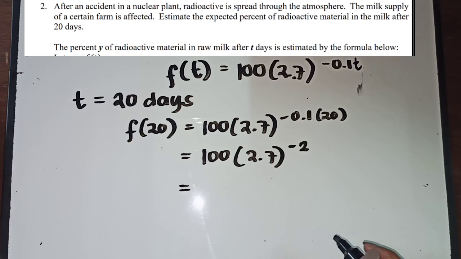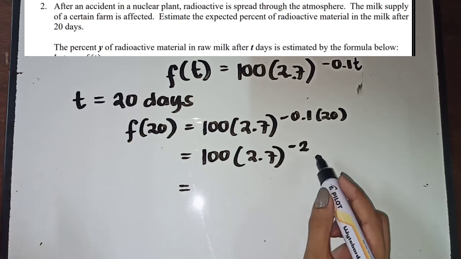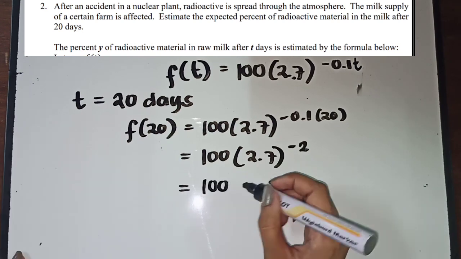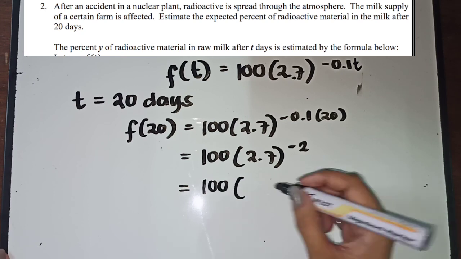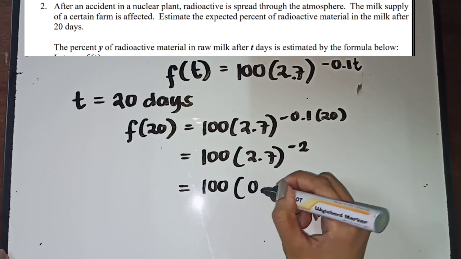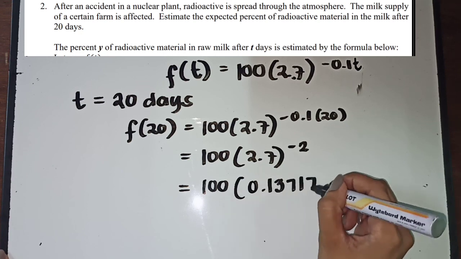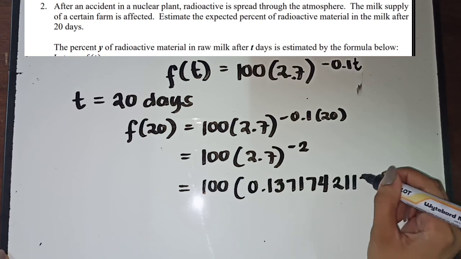Okay, so next, 2.7 raised to negative 2, then multiply it by 100. So 100, again, 2.7 raised to negative 2 is 0.1371742112.